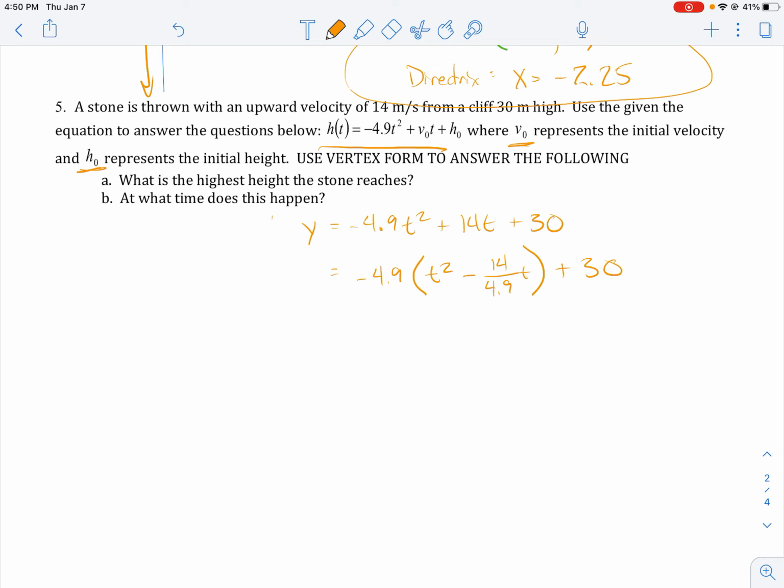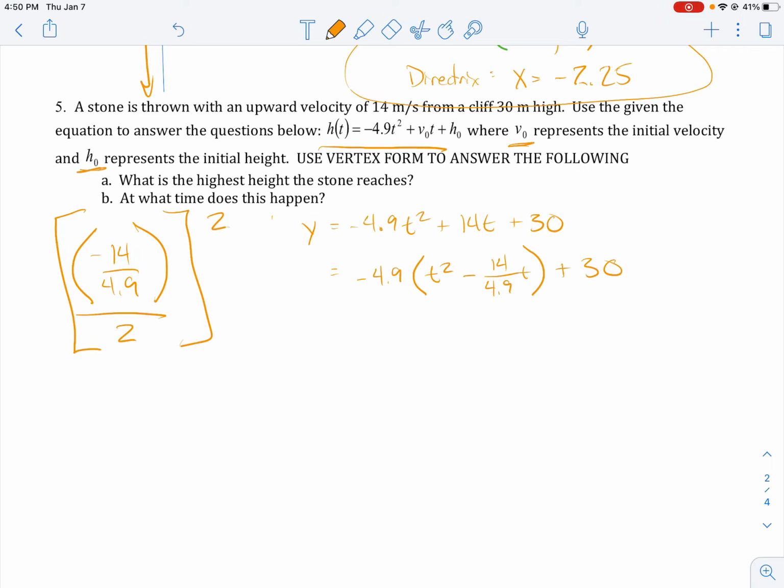All right, so we've got to take our b value, which is negative 14 divided by 4.9. So I'm going to leave this all together. So this is going to get divided by 2 and then squared. Okay, so let's figure out what that is inside parentheses first.